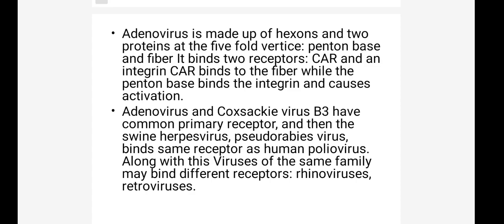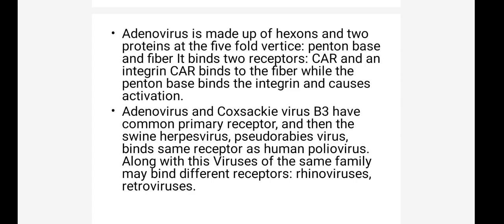Now the adenovirus is made up of hexons and two proteins at the 5-fold vertices, the penton base and the fiber, and it binds with two receptors, the CAR receptor and an integrin protein.